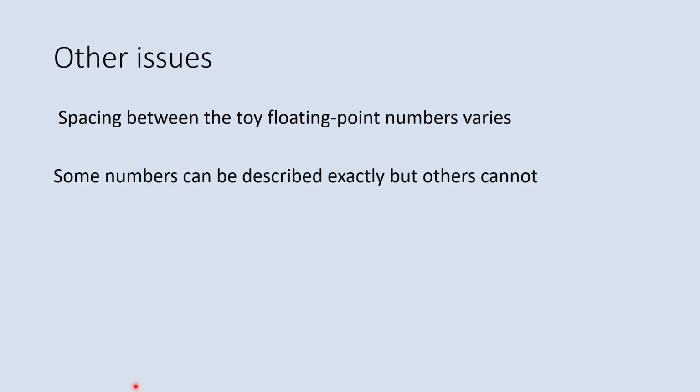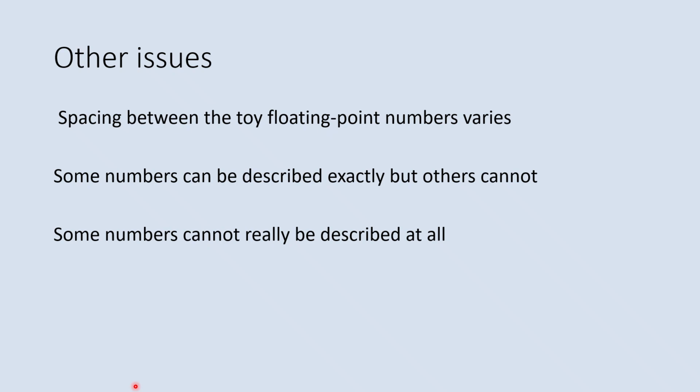Some numbers can be described exactly. We saw some examples where we could describe numbers exactly, and some examples where we couldn't describe the numbers exactly and would have to round to get there. But then we have some numbers that can't really be described at all. If we have numbers that are outside this range, then what happens? The number's too big or the number's too small.